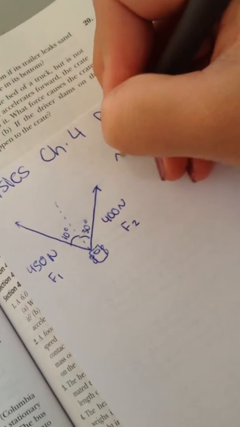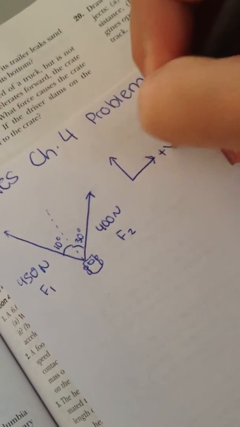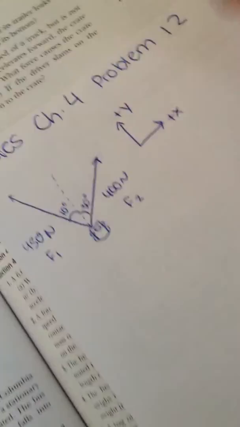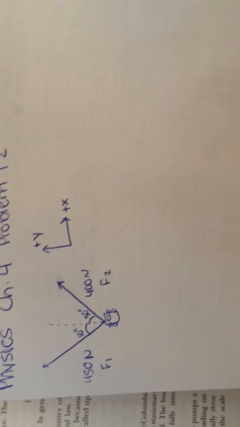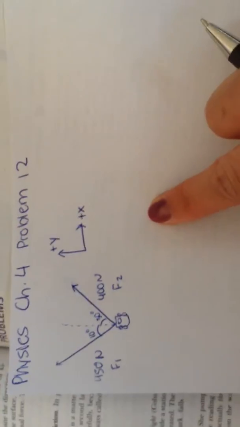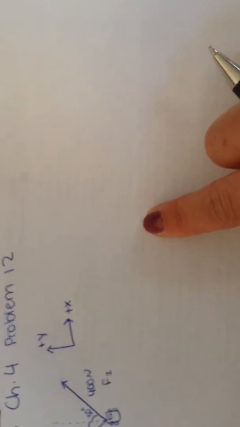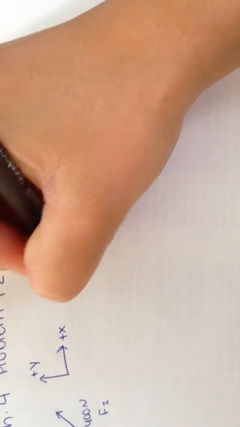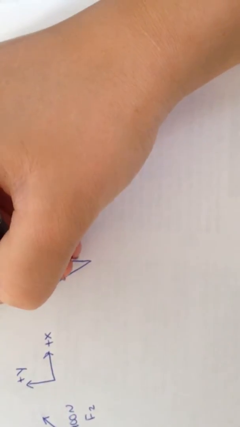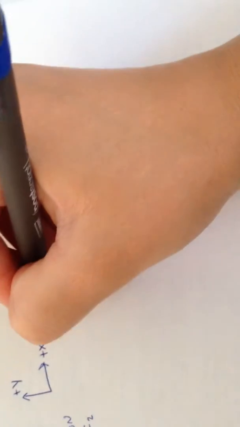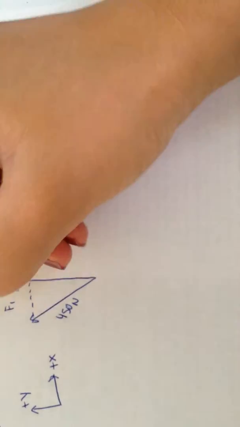And then this is my positive x, and this is my positive y. And then I'm going to copy down the triangles to see clearly. This is 450 N, this is my F1.